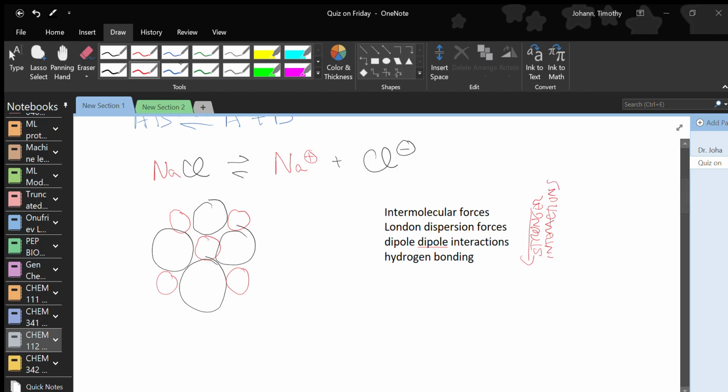What happened to our boiling point as we went in this direction? Stronger interactions mean a higher boiling point. It takes a lot more energy to separate these things. And there's an underlying cause of these stronger interactions. What is that?